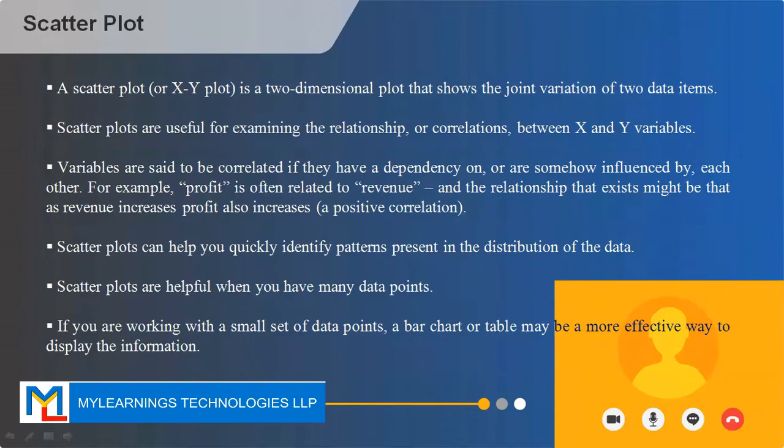So when two variables move in the same direction, when one increases, the other also increases, it is called a positive correlation. If they move in the opposite direction, say x increases, y decreases, then it is called a negative correlation. And if there is no relationship, we call it no correlation.